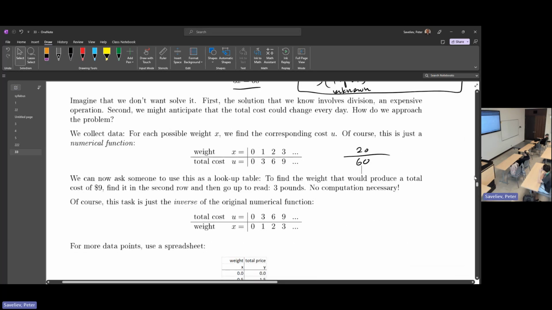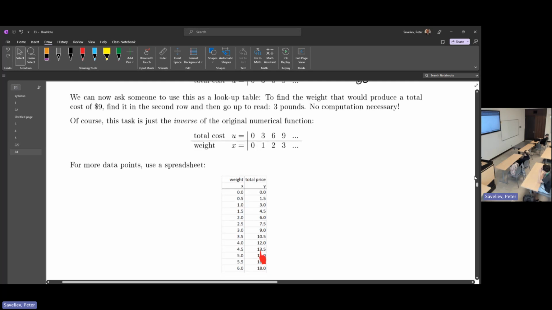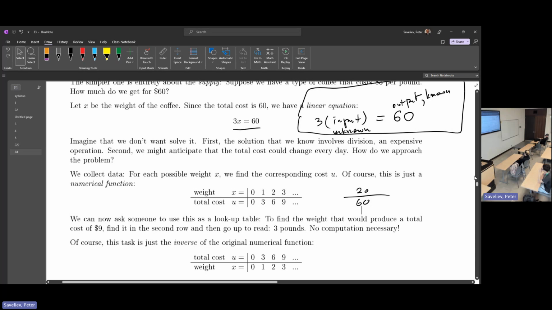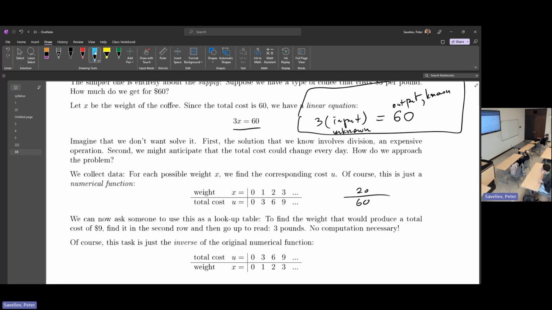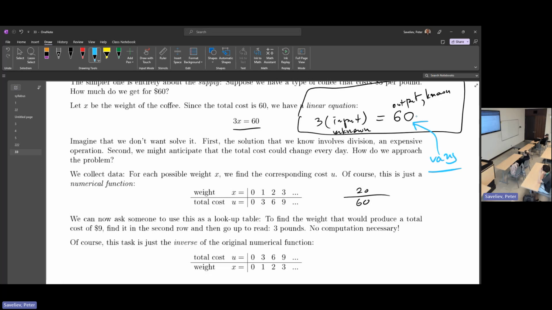Okay, so total weight, total cost, this is the data. That's the reference, and the advantage in this setup is, what if the total varies? Maybe tomorrow we need the total cost of the mixture to be $55. Is there a way to solve this problem once and for all?